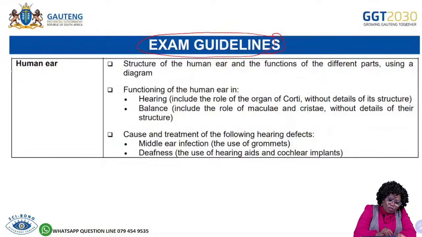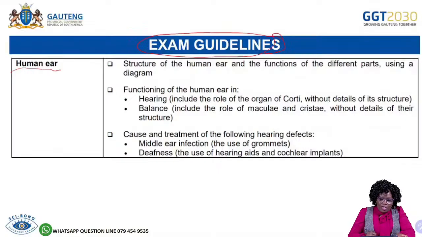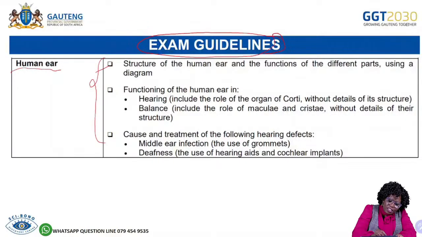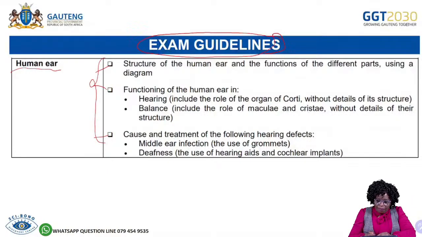So you can see that on the exam guideline, they have outlined that it's a human ear, and there are pointers, things that you need to know from the exam guideline regarding the ear. As you carry on learning, let's say you have looked at the structure of the human ear and the functions of the different parts. You are now going to tick to say this is done. You now look at the functioning of the ear. You say I've done hearing, and then balancing is done, etc., etc.